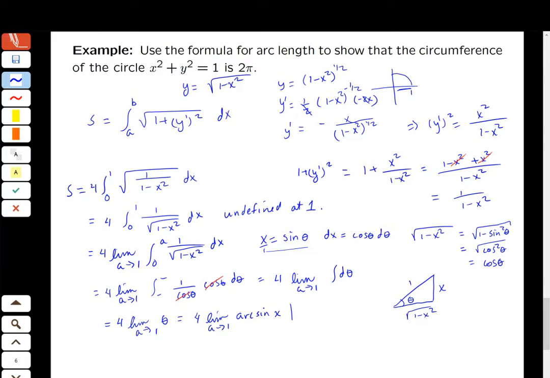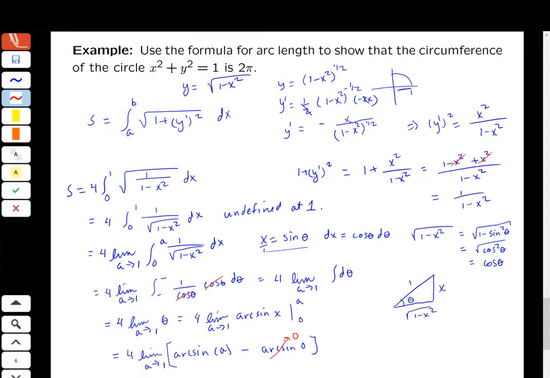And now that goes from 0 to a. Plug in our limits. I'm going to put parentheses around here. Minus arc sine of 0. What is arc sine of 0? 0.